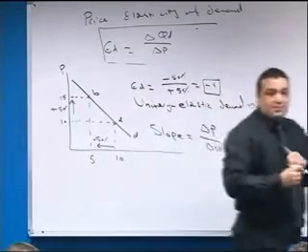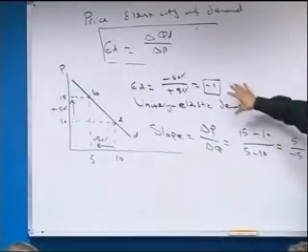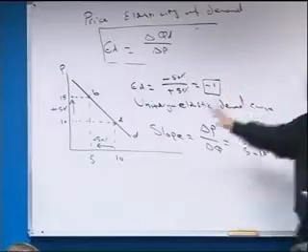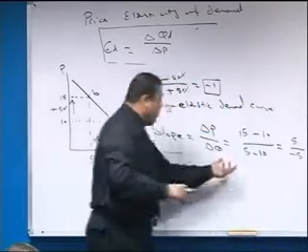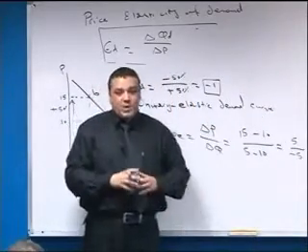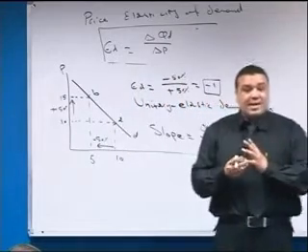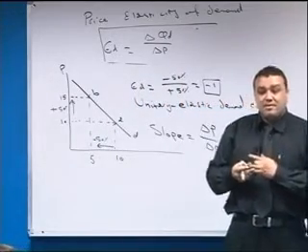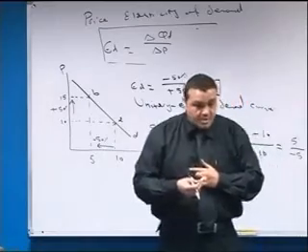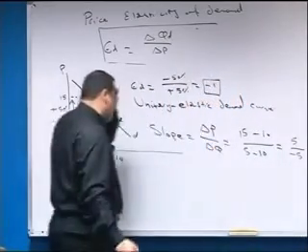So as you see, when the demand is unitary elastic, the slope equals 1 or minus 1, right? So when the demand is unitary elastic, the absolute value of the slope of the demand curve is unitary. Let's go to the fourth case.